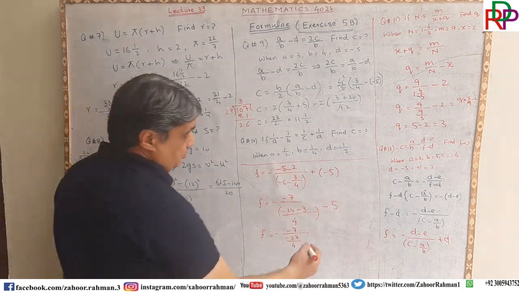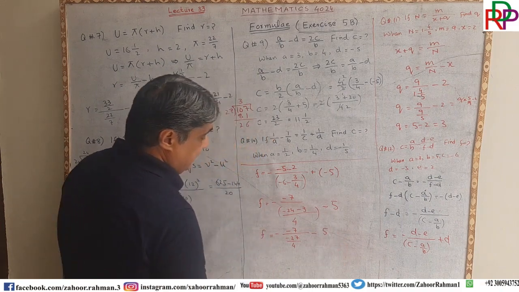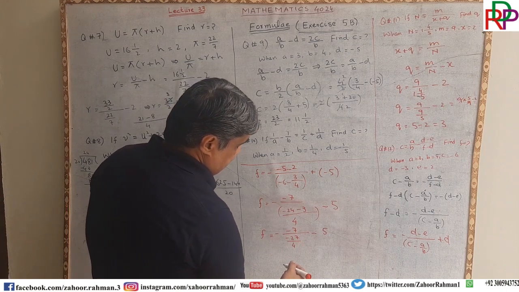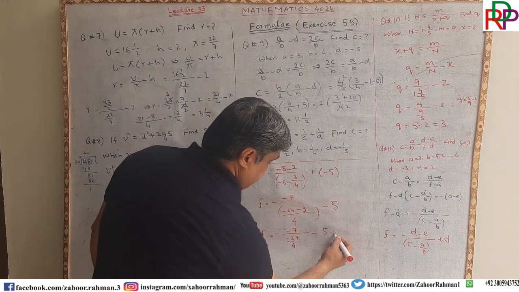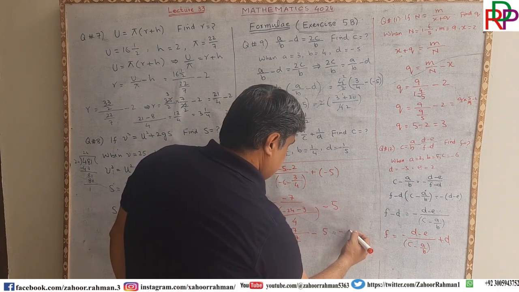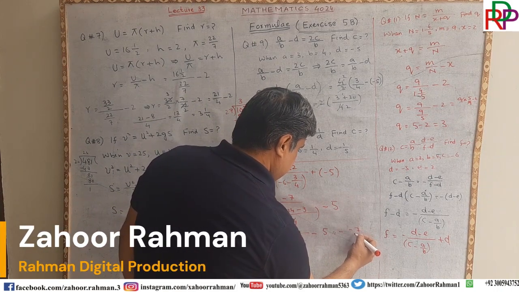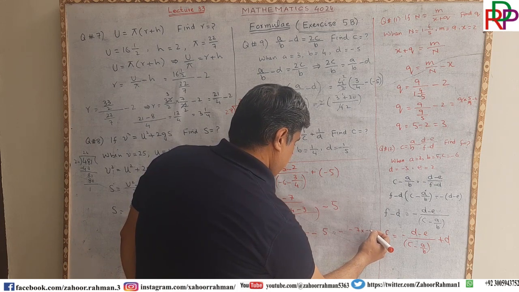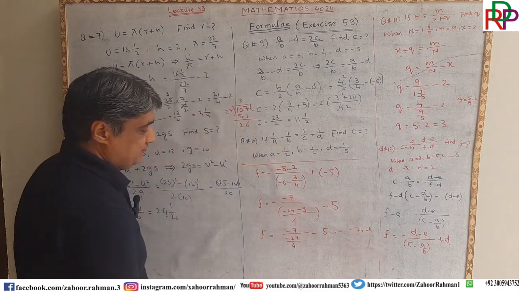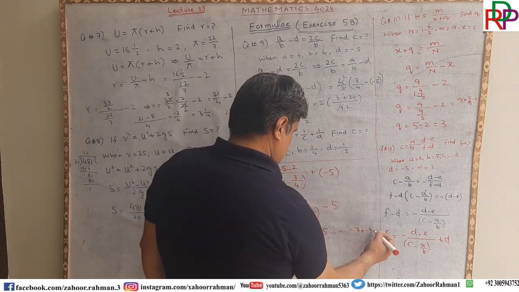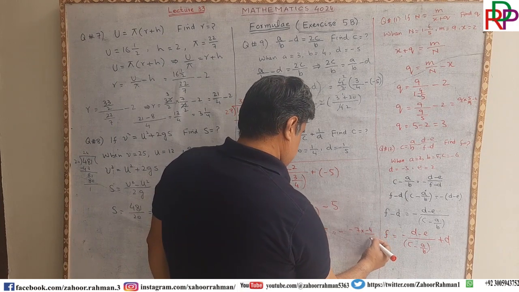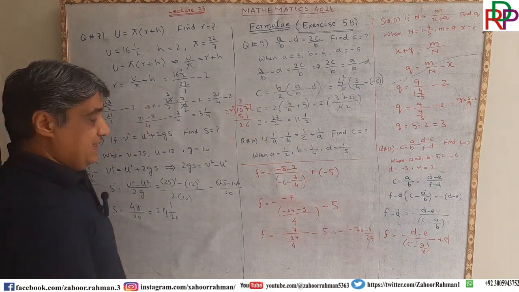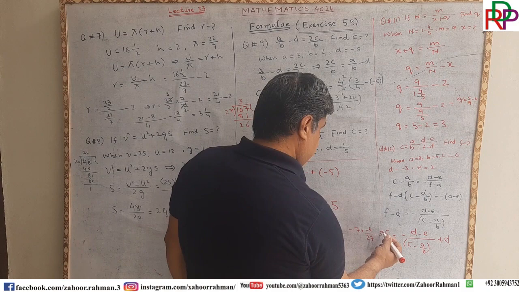Ladies and gentlemen, when I reciprocate it, it will be minus 7 multiplied by minus 4 divided by 27, and then minus 5.